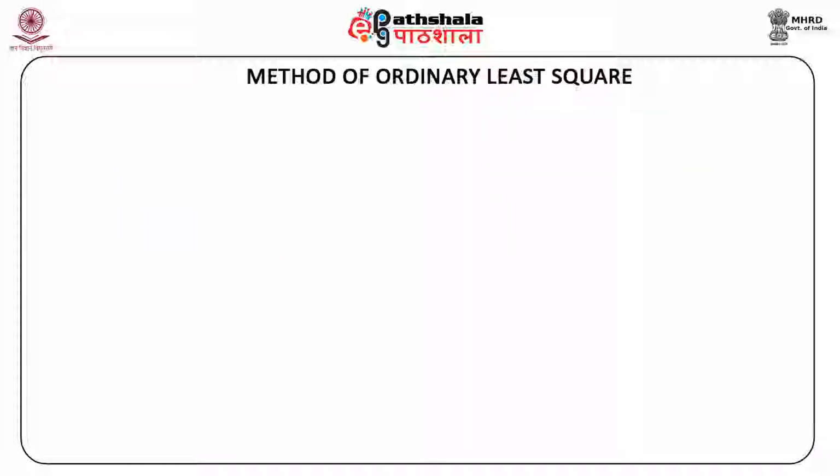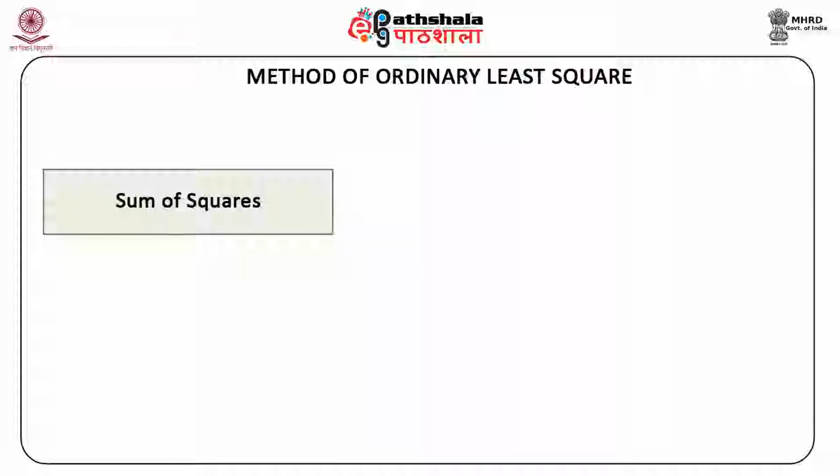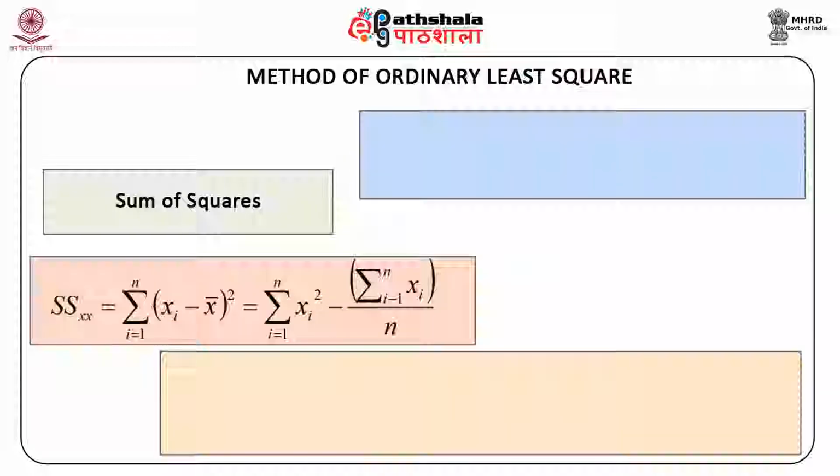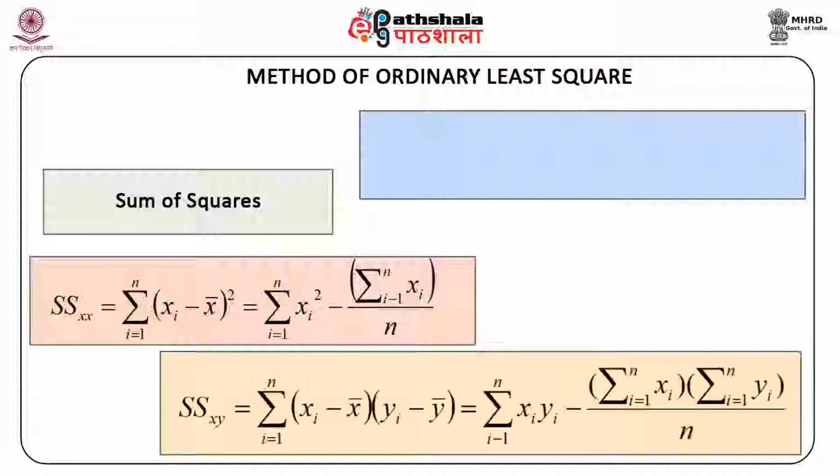Let us now look at how the sum of squares is calculated. SSXX is equal to summation i varying from 1 to n (xi - x bar) squared, which is equal to summation i from 1 to n xi squared minus (summation i from 1 to n xi) squared divided by n.